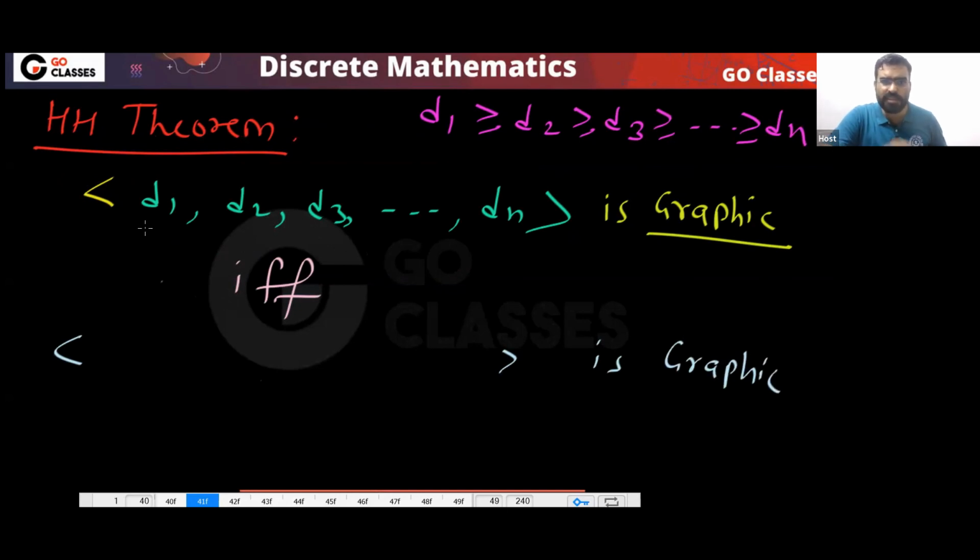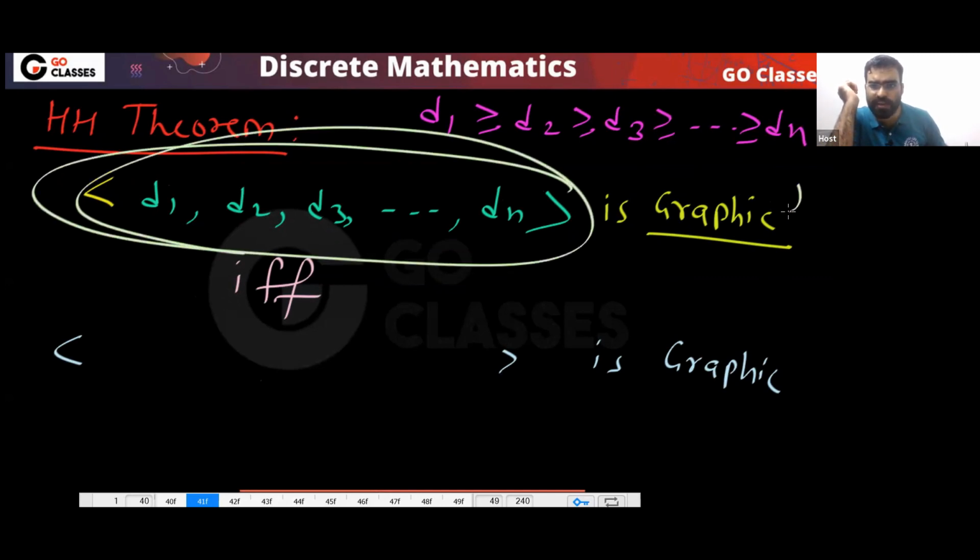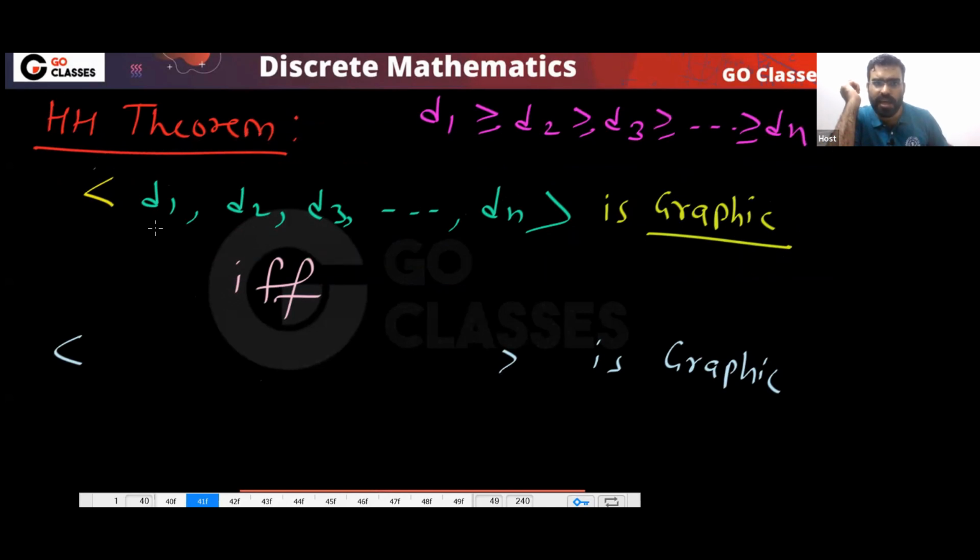Which sequence? The one you write in the decreasing order. Then for this sequence, a simple graph will exist if and only if a new sequence that we create from this is graphic.